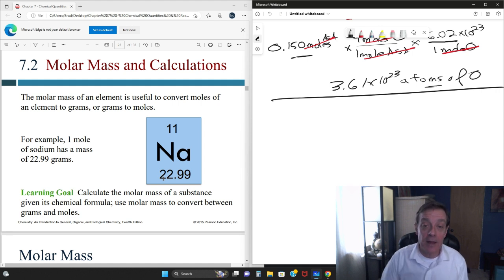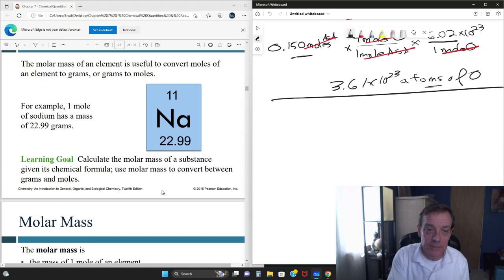All that means is that 1 mole of sodium has a mass of 22.99 grams. That's something we can work with in a lab. That's like two thirds of an ounce or something.